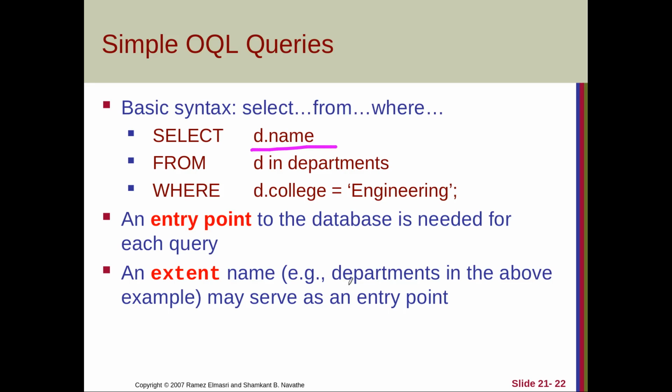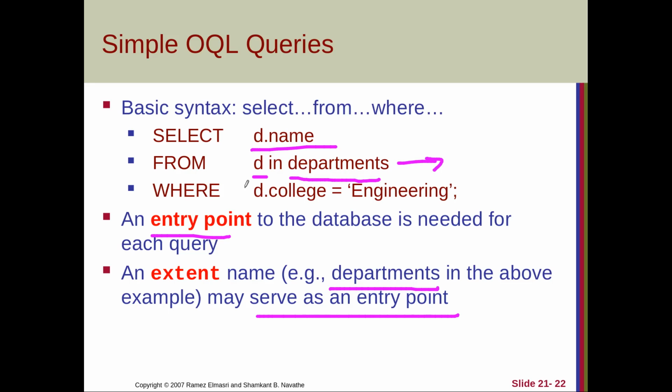Here departments is the extent from which we are taking the values. The entry point is generally considered the extent name, with the iterator variable.